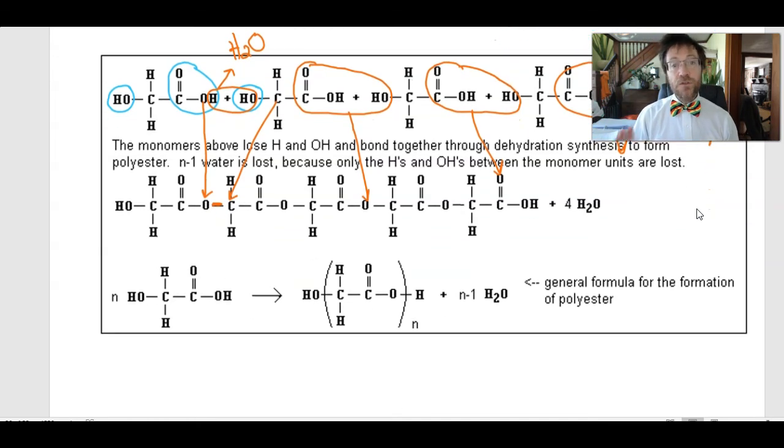And again, the notation for this, the way that we would show it on a piece of paper that this is actually a polymer, is we take our ester and we put it in these brackets with the bond sticking outside and a little subscript indicating how many.